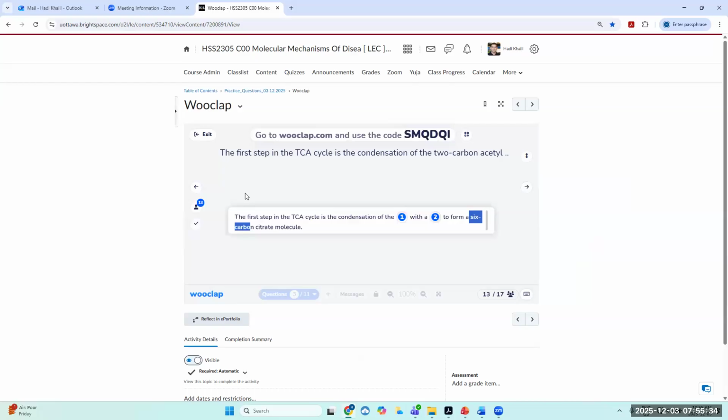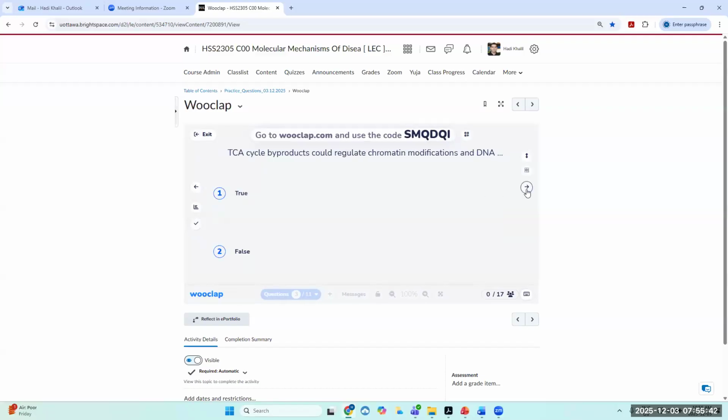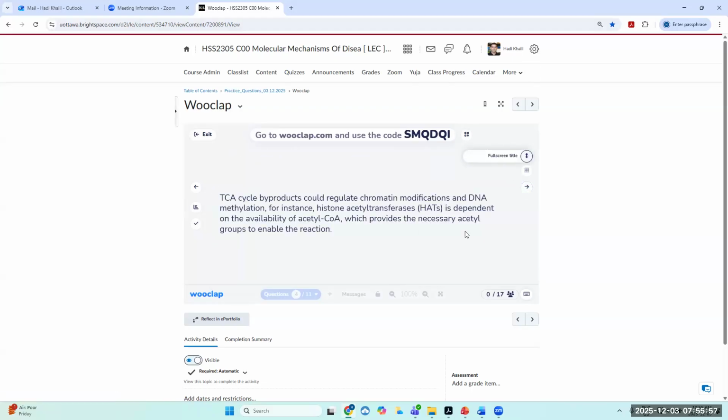Let's go to the next question. TCA byproduct could regulate chromatin modification and DNA histone acetylation. That's dependent on the availability of acetyl-CoA, which provides the necessary acetyl groups to enable this reaction.